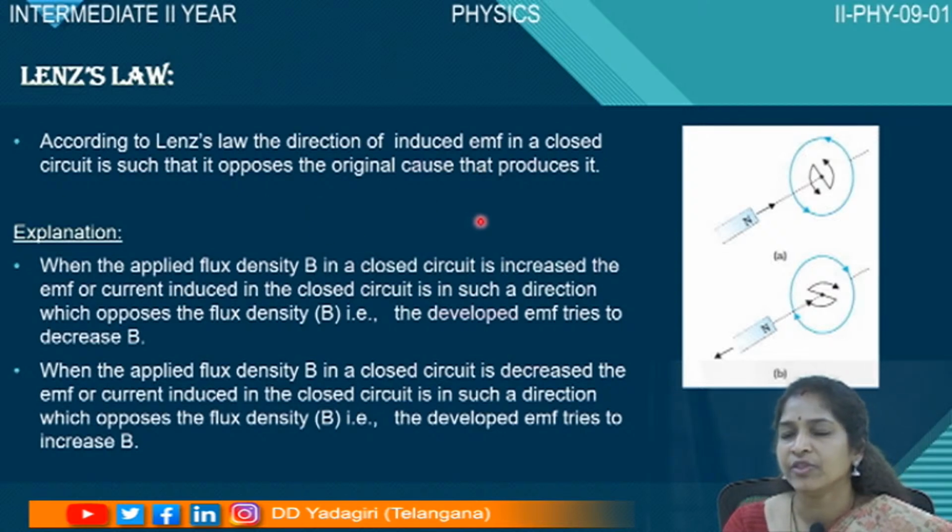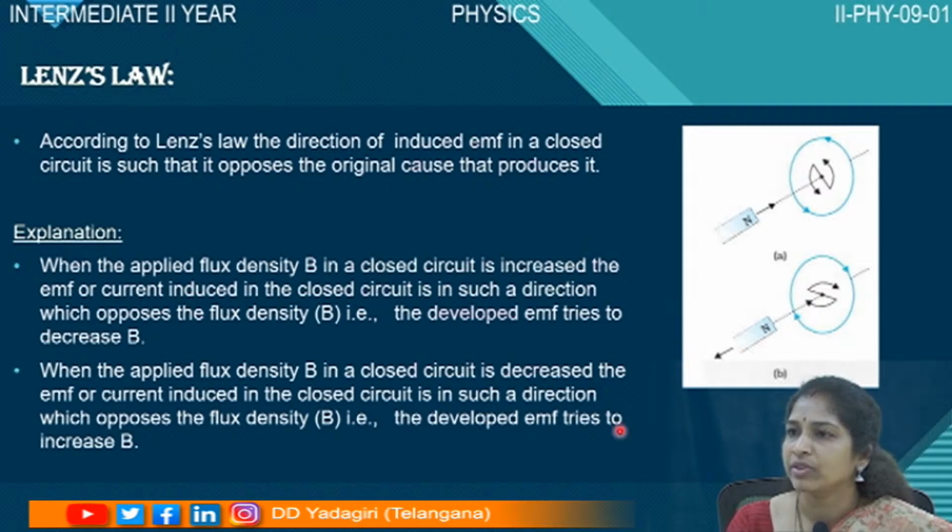Suppose there is a decrease in the flux. When there is a decrease in the flux also, I can say there is a change in the flux. So EMF is induced. And that developed EMF, what does it do? It opposes the original cause. Actually, what is the original cause? The decrease in the flux. So this EMF tries to increase the flux. So that is observed by this Lenz law.